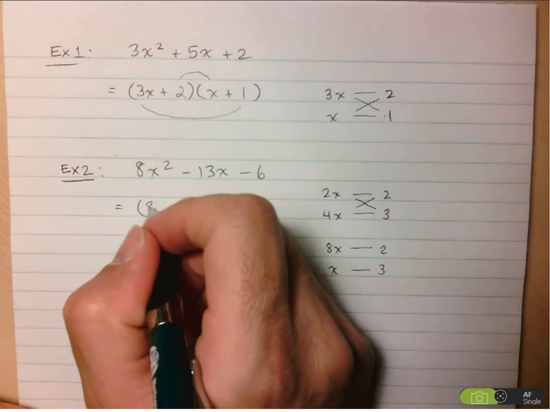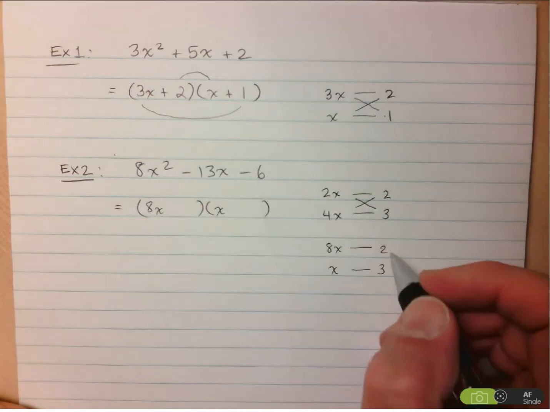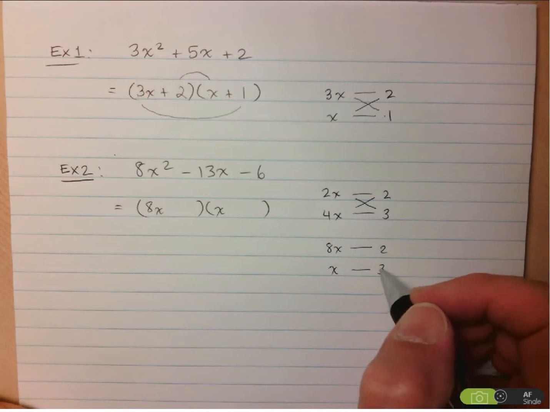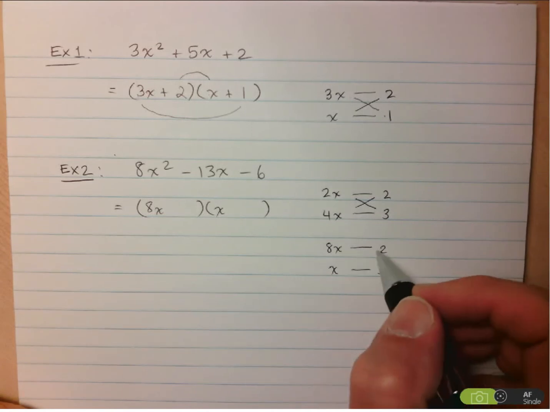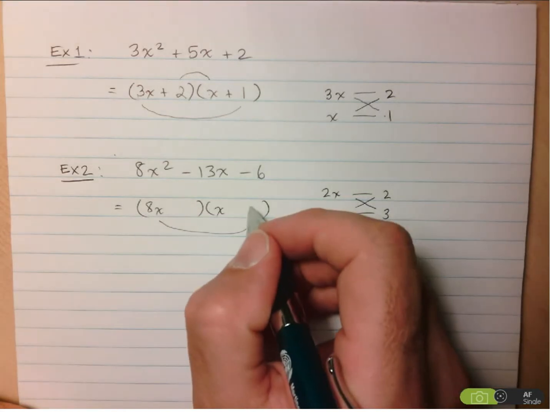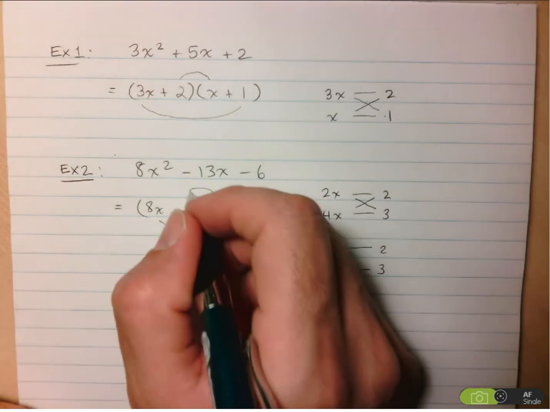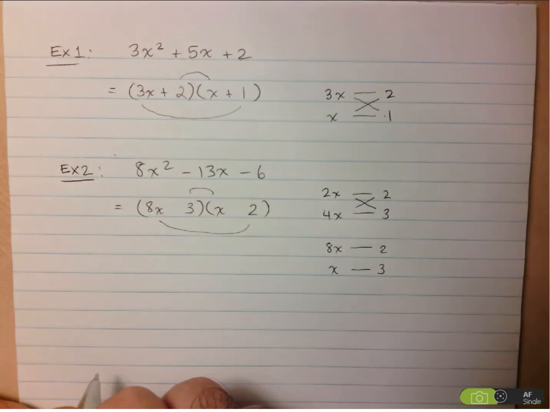So we'll put 8x here, x there. Now, since this is negative 6, one of these two is going to have to be negative. So let's go back to our multiplication. The 8x had to be multiplied by 2, so that will become our outside multiplication. And the x had to be multiplied by 3. That'll be our inside multiplication.